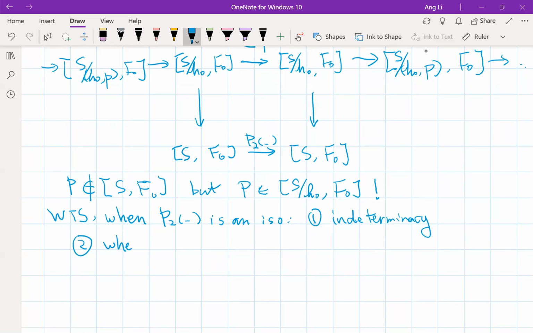So when that is an isomorphism depends on when the vertical maps are isomorphisms. And this is also not the point I'm going to concentrate on today.